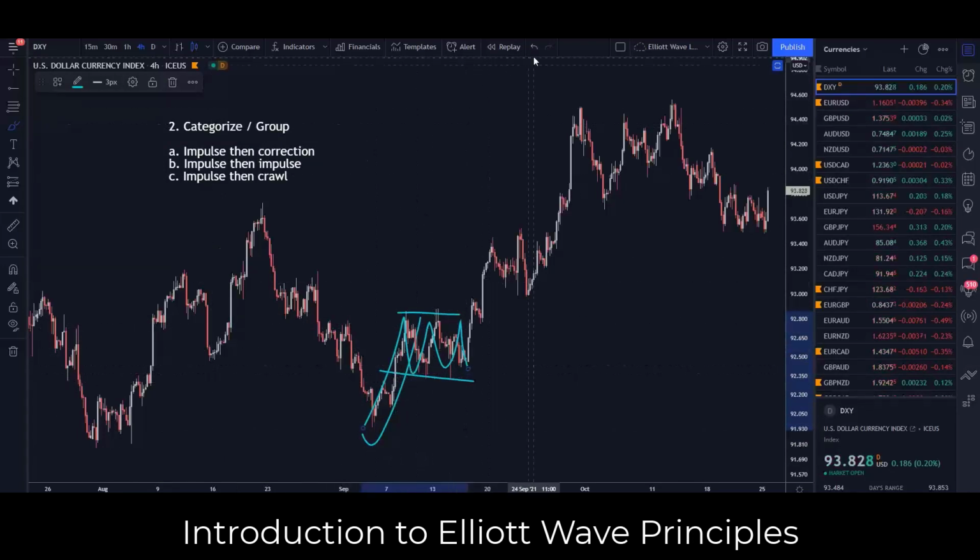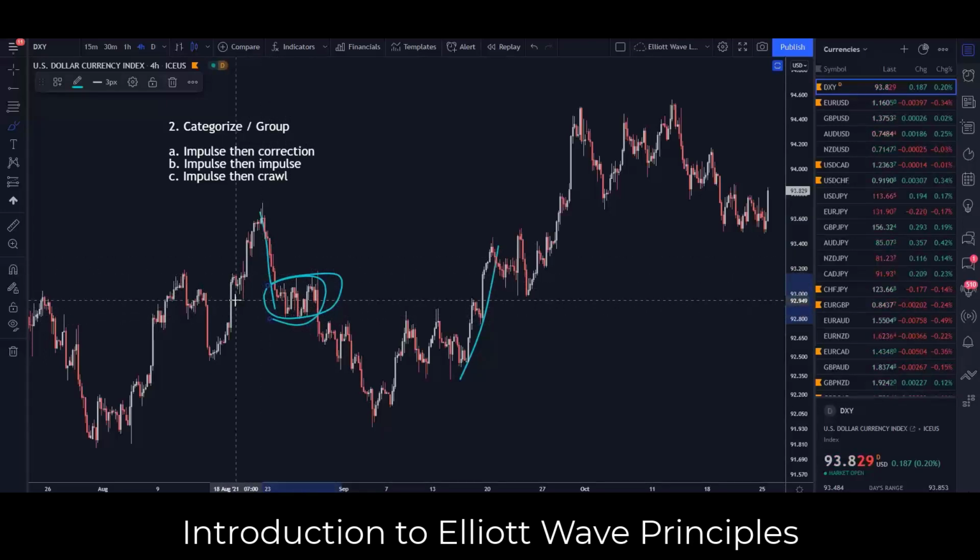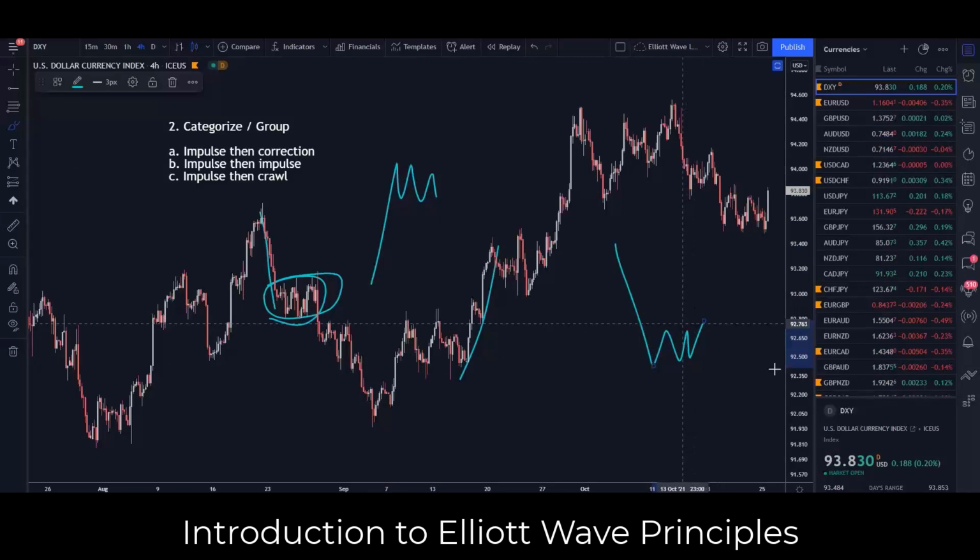After that we have an impulse, and then this is also a correction, right? So that's your first category. It can go in both directions. This came down as a fast move, that's your impulse, and then this goes sideways, very, very slow, that is your correction. So you can go up, impulse correction, or it can come down, impulse correction. That's your first category, yeah?